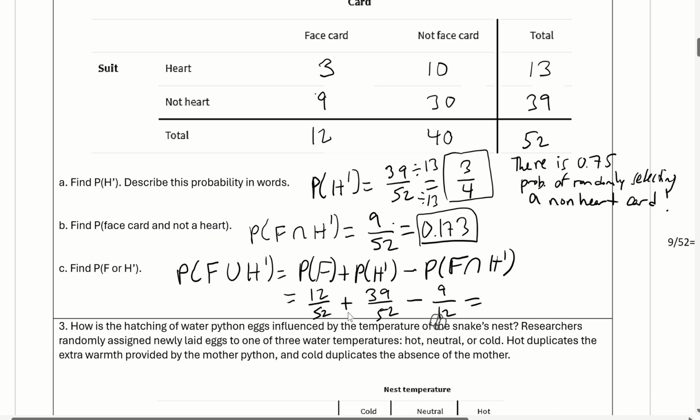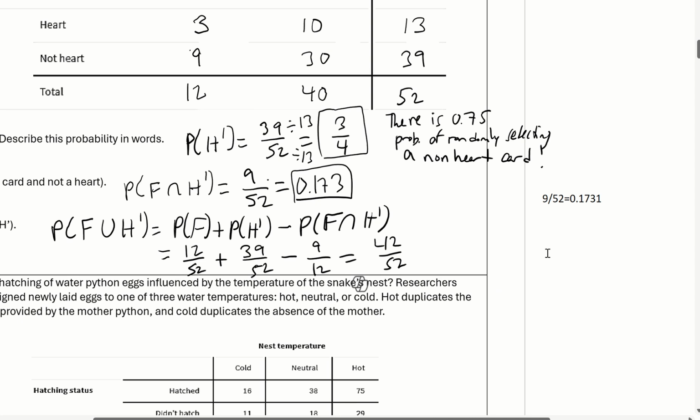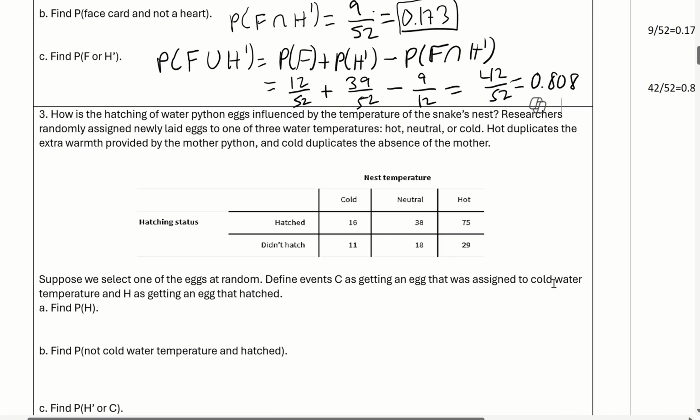All right, so we got 12 minus 9 is 3, 3 plus 39, that's going to be 42 out of 52. And you can reduce that by dividing by 2 or something like that, and that might work. Let me see. But let's just do it as a decimal, so we don't have to worry about reducing it. 0.808. Round to 3 decimals.